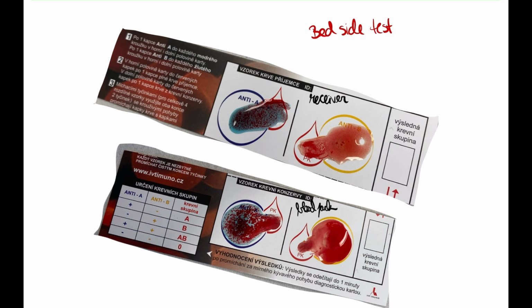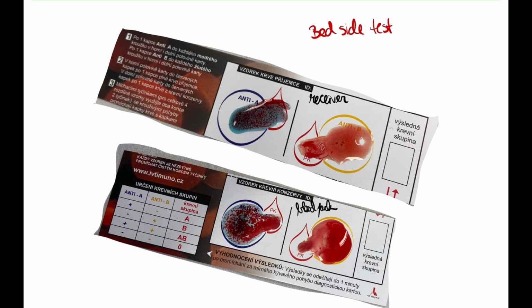So let's say this is the receiver and this is the blood pack, and now we've got a situation because how do we recognize the blood group? These two need to be compatible with each other so we can give the receiver the right blood.